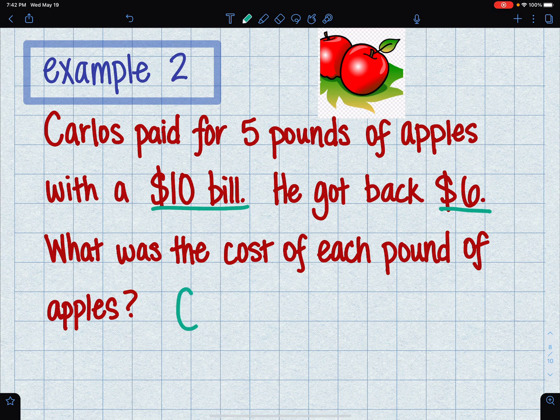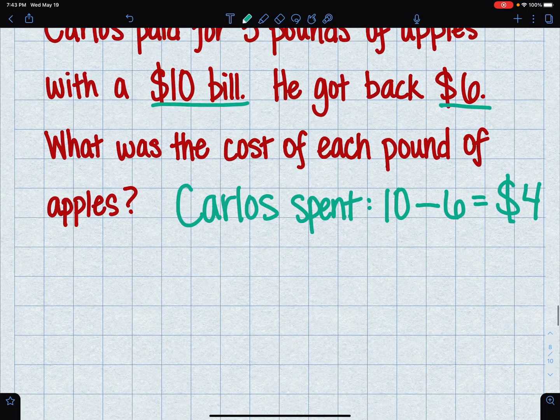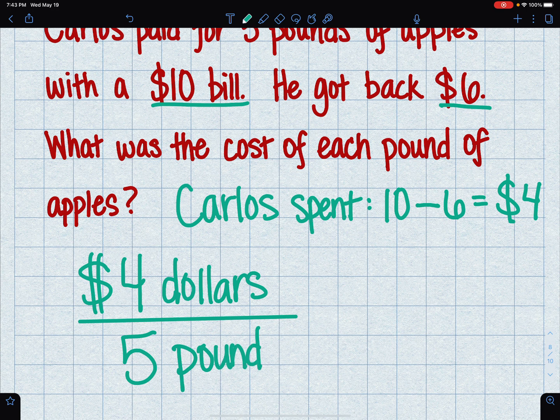He spent, so Carlos spent 10 minus 6. So that is $4. He spent $4. And if it cost $4 for 5 pounds of apples, they want to know what's the cost of just 1 pound.